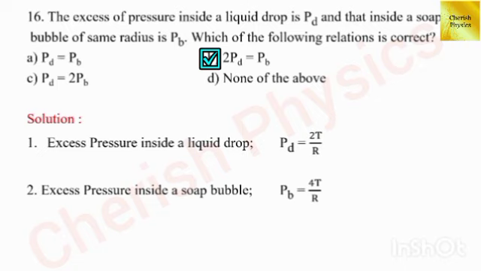In that I have given the excess pressure formula for several cases. First, the excess pressure inside a liquid drop PD equal to 2T divided by R. Second one, the excess pressure inside a soap bubble PB equal to 4T divided by R. On comparing these two equations, we get 2PD equal to PB.